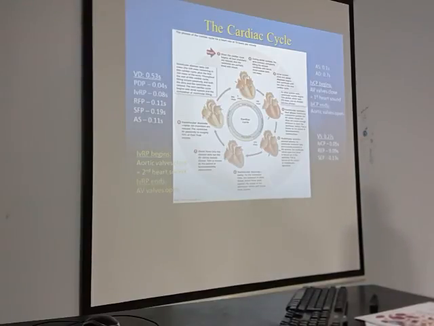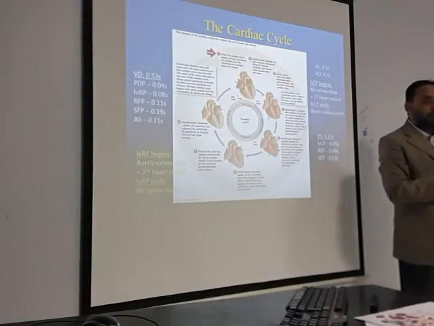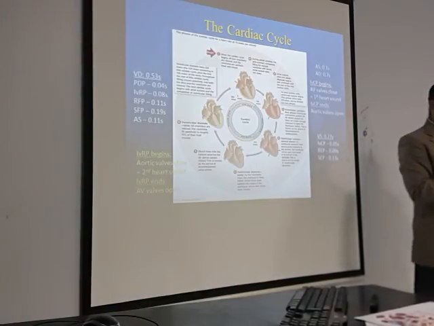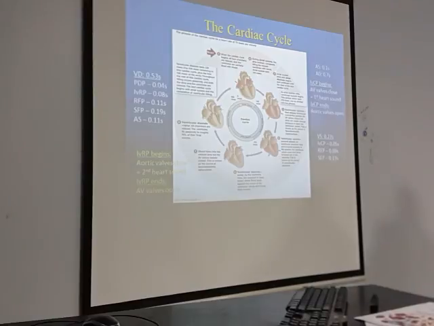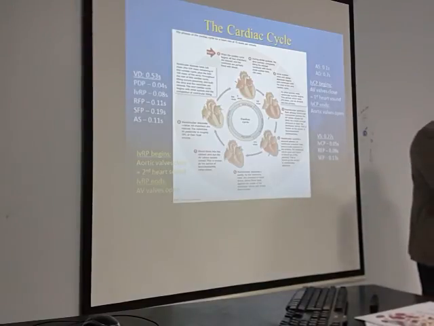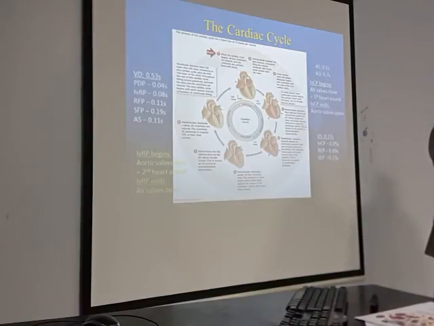Clear? Now, when atrial systole is finished, it has pushed additional blood from the atria into the ventricles. Now there is the beginning of ventricular systole, and at the same time atrial diastole: above, atrial diastole; below, ventricular systole.